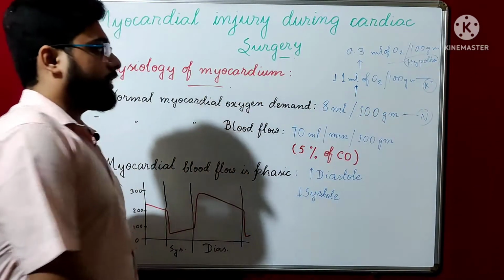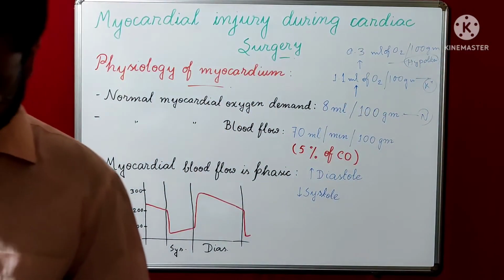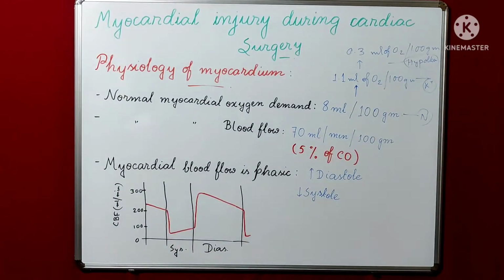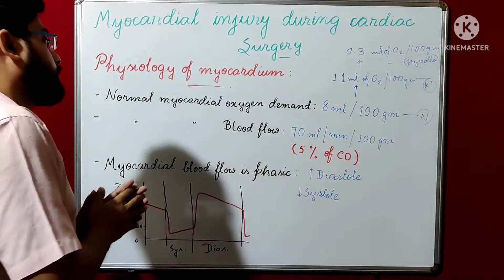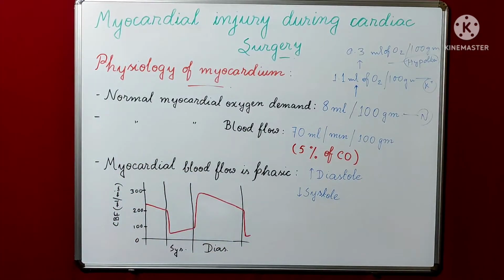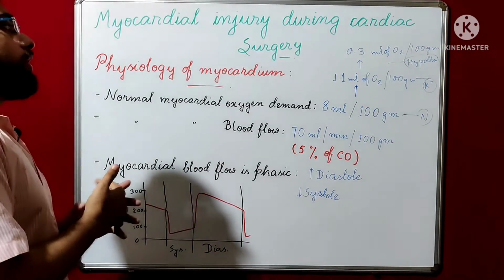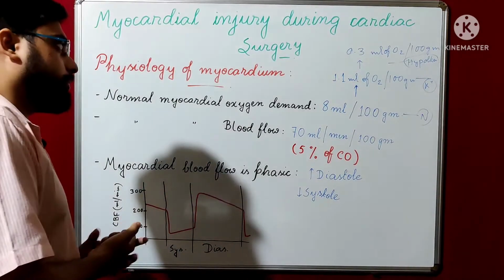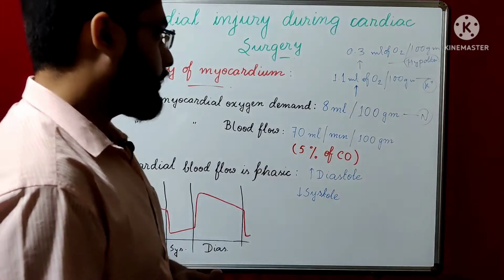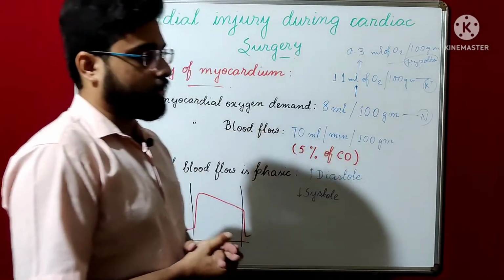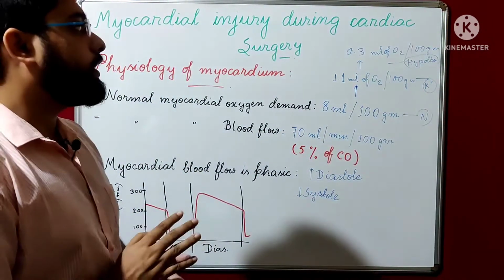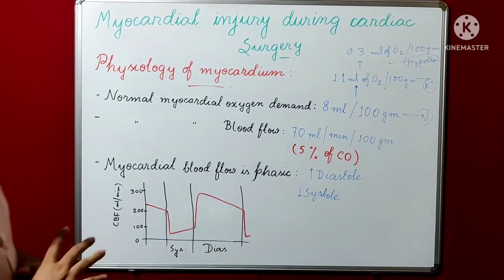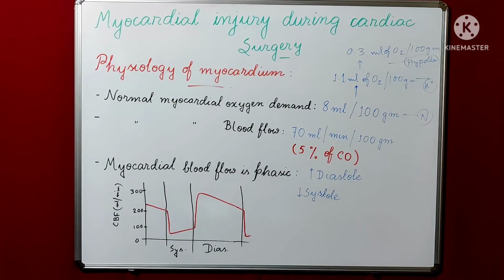This is a hypothermic myocardium. So now you all know what the oxygen demand is, how the arrested myocardium and hypothermia protect the myocardium by reducing its oxygen demand, and how much they reduce it.